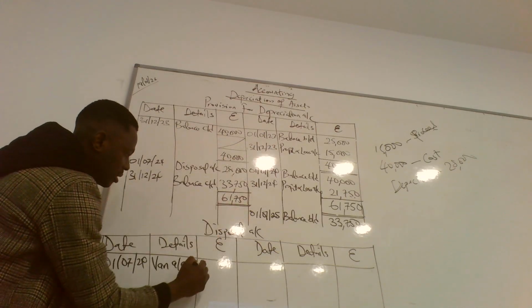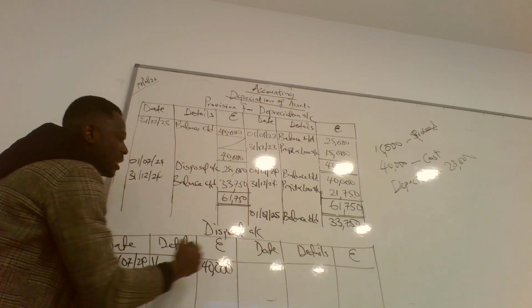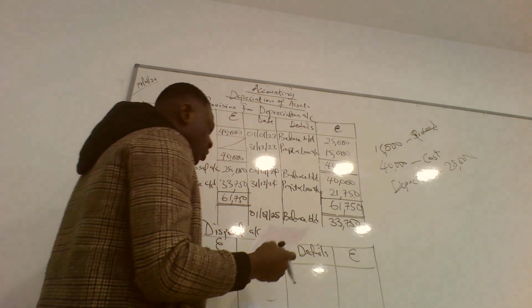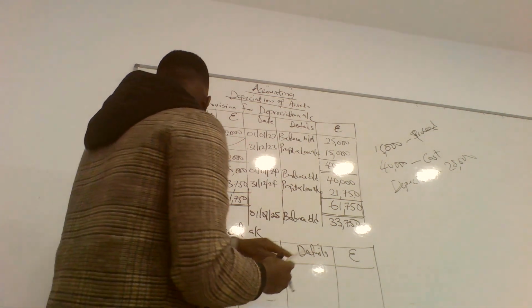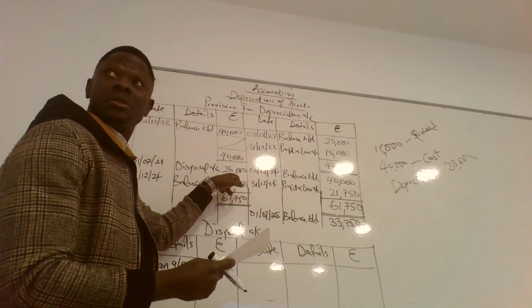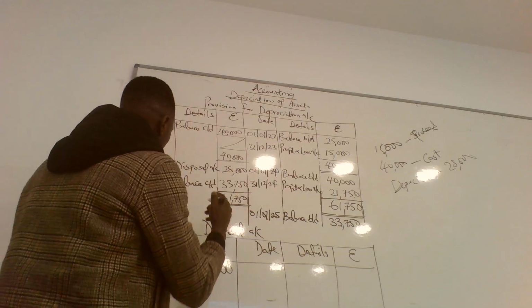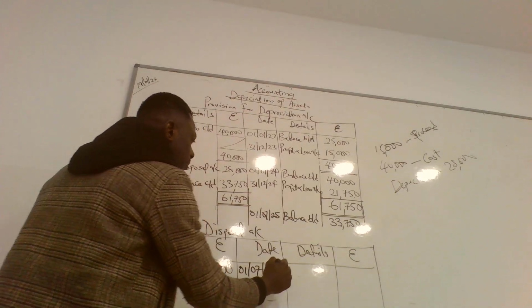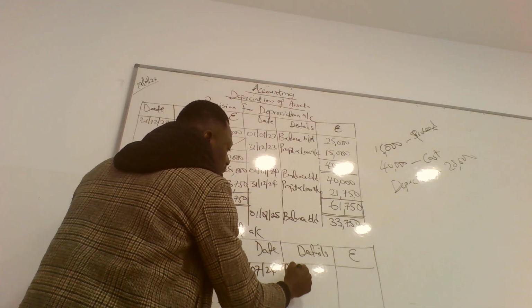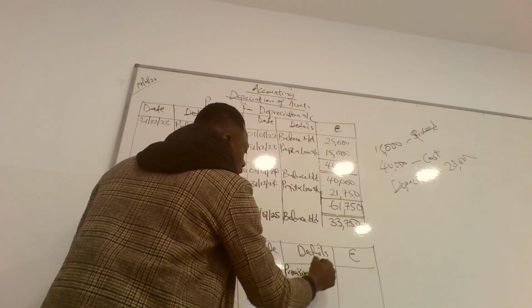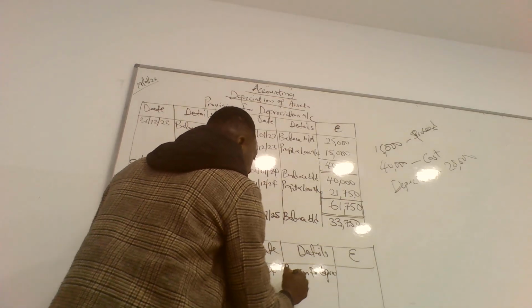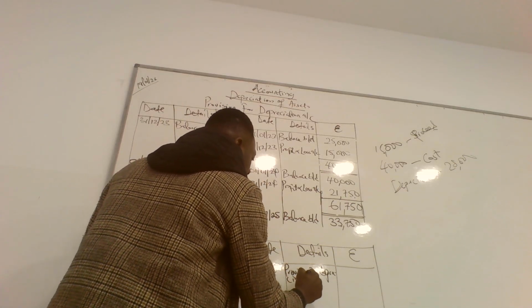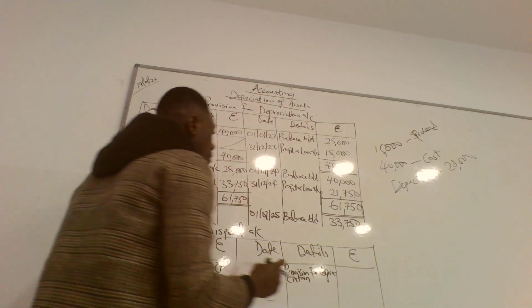That's the cost. Do you get that? And it was sold for how much? Provision for depreciation is how much? 28,000. So 17/2/24, provision for depreciation, 28,000.